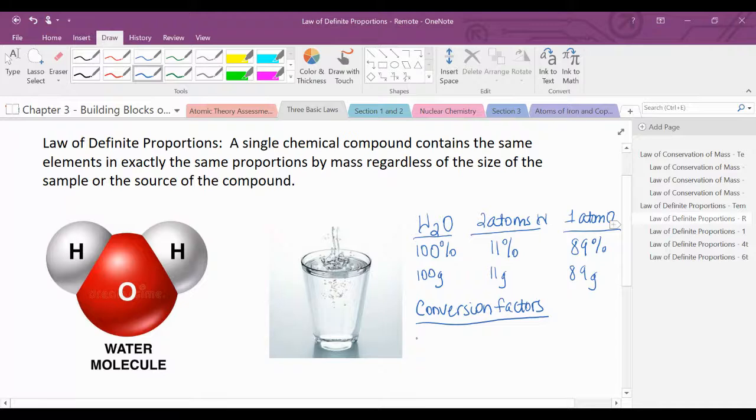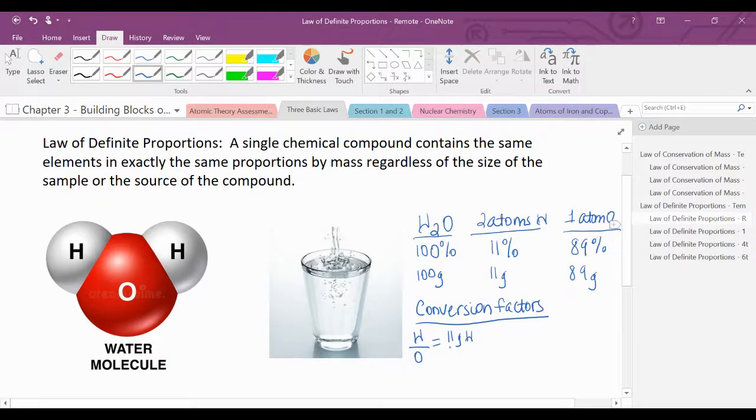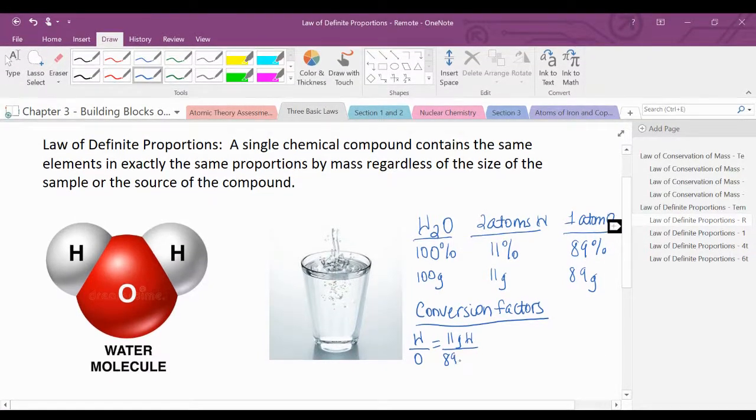We could make a ratio of hydrogen to oxygen. And so we could say that for every 11 grams of hydrogen, there would be 89 grams of oxygen.